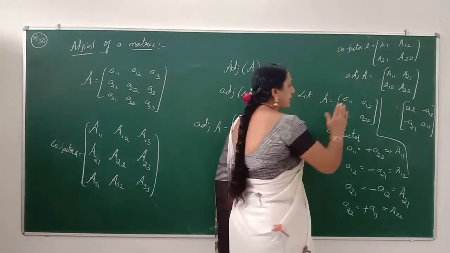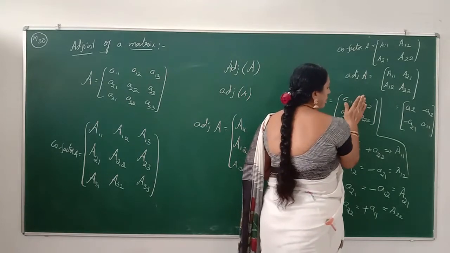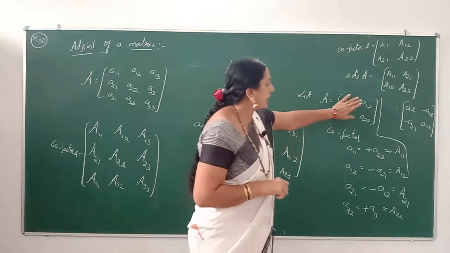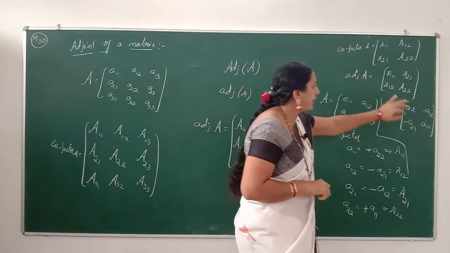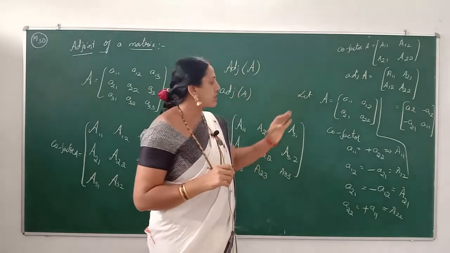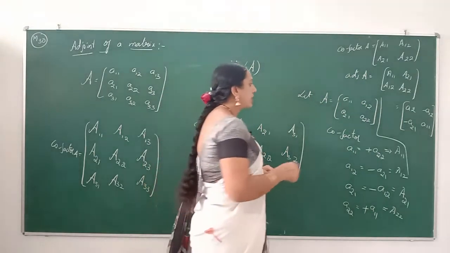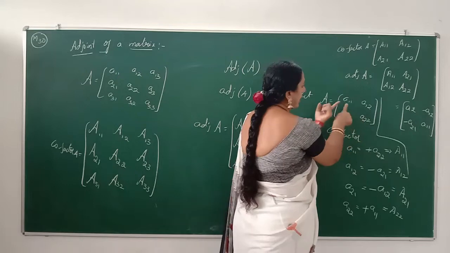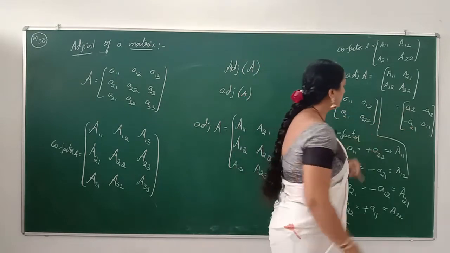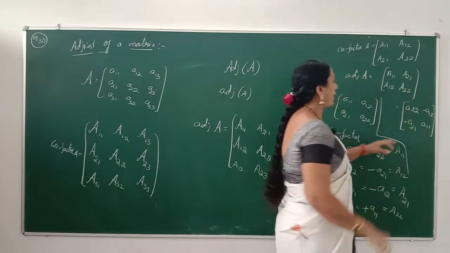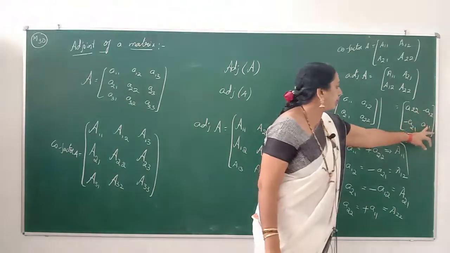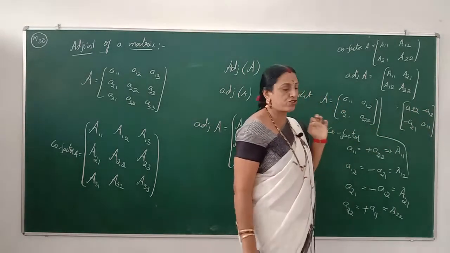Now observe the elements of the matrix A and the adjoint of matrix A, comparing them with each other. What are the main differences between these two matrices? First, observe the diagonal elements A11, A22. In the adjoint, these two values are interchanged: A22, A11 are interchanged.